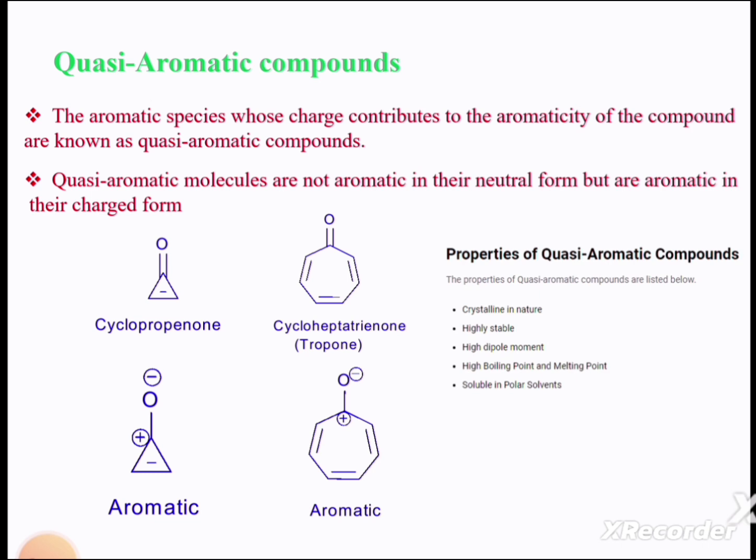Due to being crystalline, they have high boiling and melting points. These are soluble in polar solvents. Although it is an organic compound, it should be non-polar in nature, but due to this quasi-aromatic nature, these are soluble in polar solvents.